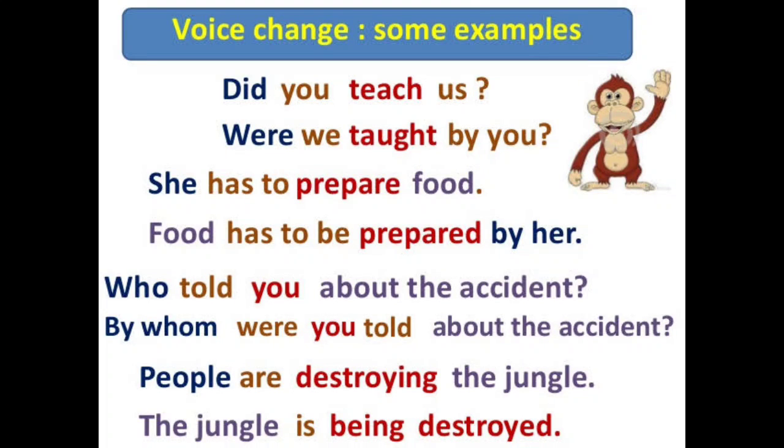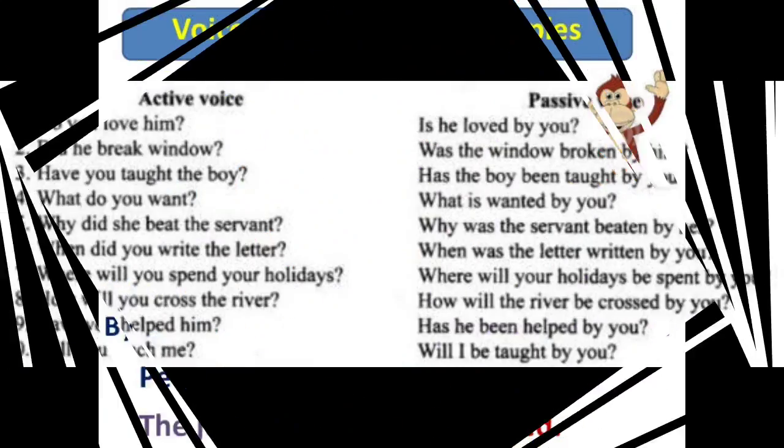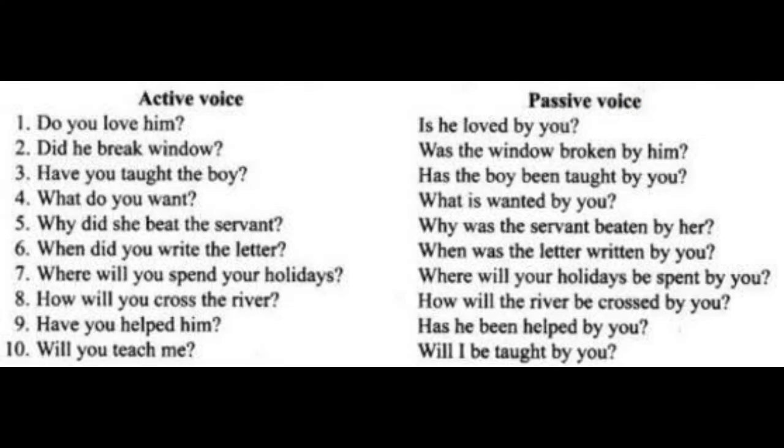Then, people are destroying the jungle. The jungle is being destroyed by people. So, this is the way you need to change active to passive in all kinds of sentences, even interrogative and imperative, children.